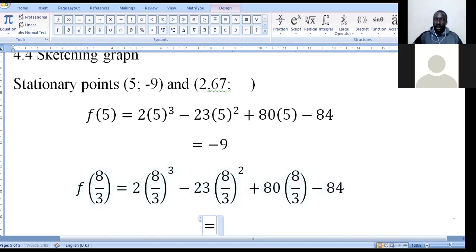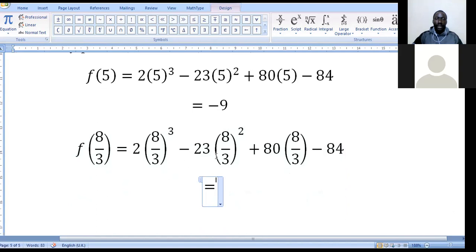And what will the final expression be? Final expression is going to be, you can be calculating with your calculator over there if you do have one. In case you don't, then you have to wait for my value.